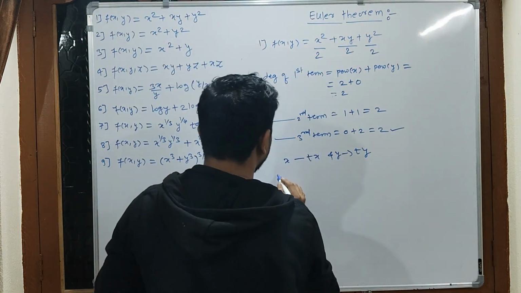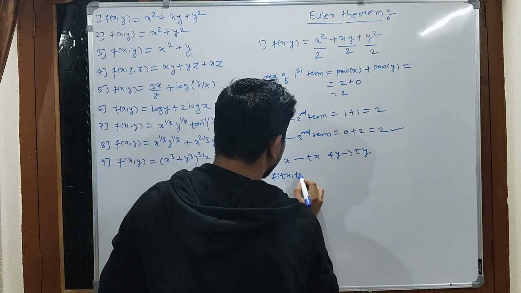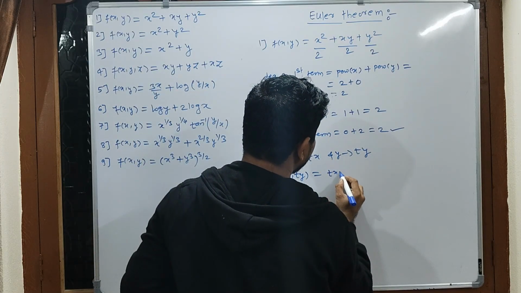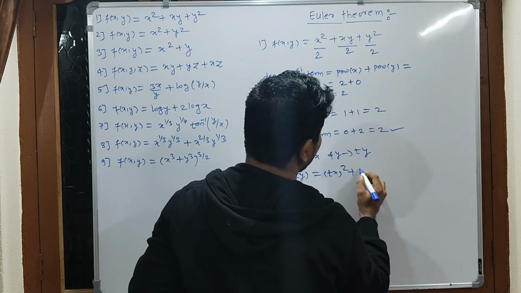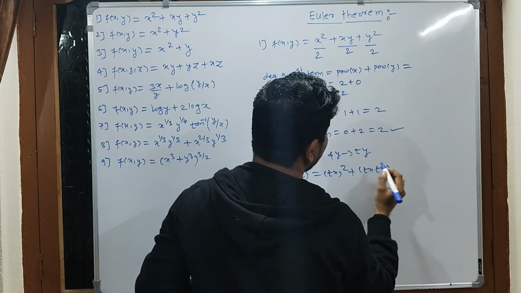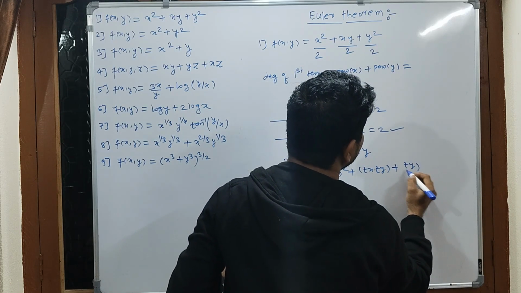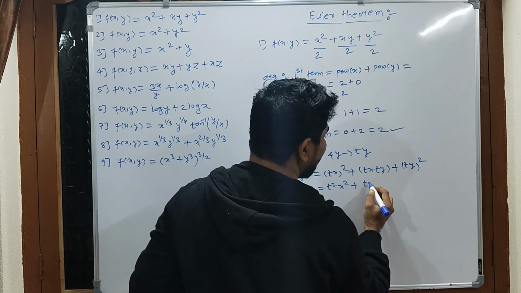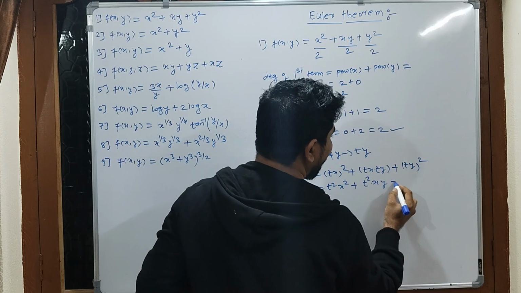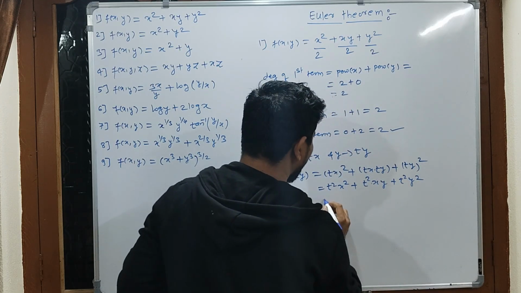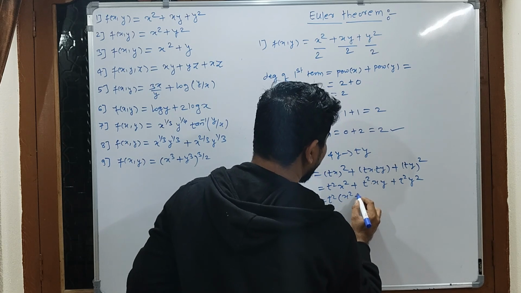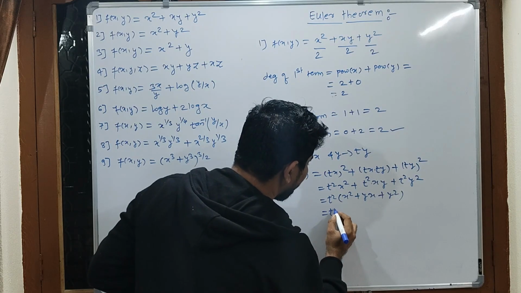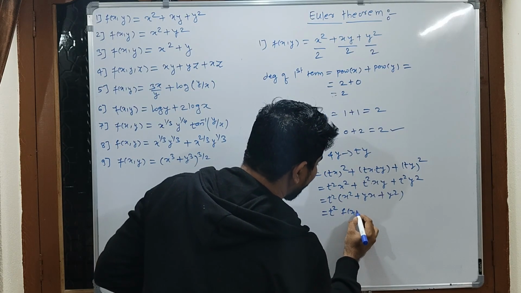Now in this function f of tx comma ty, according to how the function is defined: tx square plus tx times ty plus ty whole square, which is equal to t square x square plus t cubed... t square xy plus t square y square, which is equal to t square times x square plus xy plus y square, which is equal to t to the power 2 times f of x comma y.